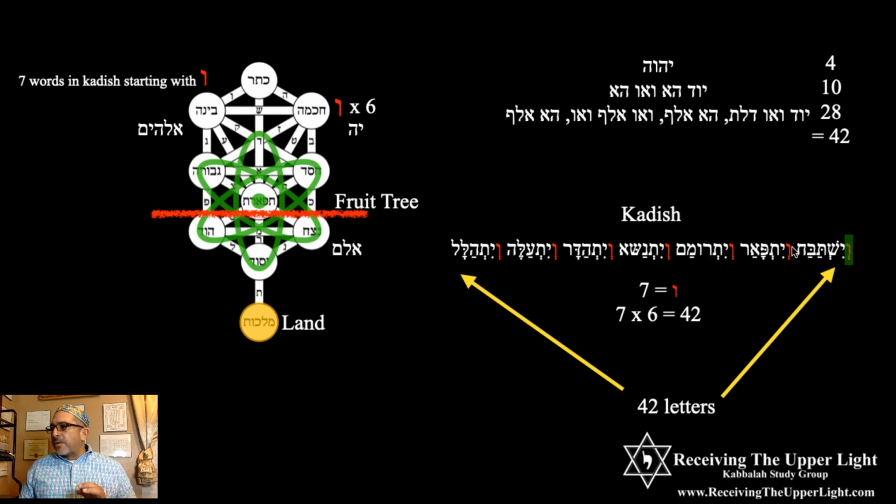Okay, and you're going to count 1, 2, 3, 4, 5, 6, 7 Vav. What is the numerical value of Vav? Is 6, right? We have 7 Vavs, and 7 times 6 is 42, right? But then again, when you count the letters of these words, it's also 42 letters.